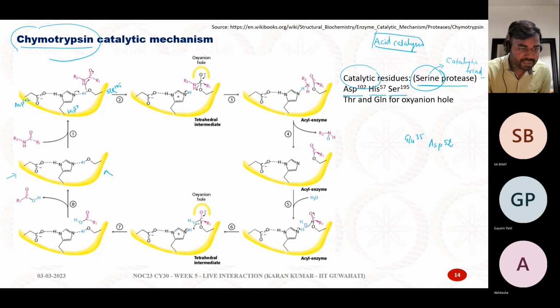Once histidine donates its hydrogen to the aspartic acid, the electrons will resettle, and the nitrogen of the histidine will contain a partial negative charge, which helps in abstracting the OH proton of serine.